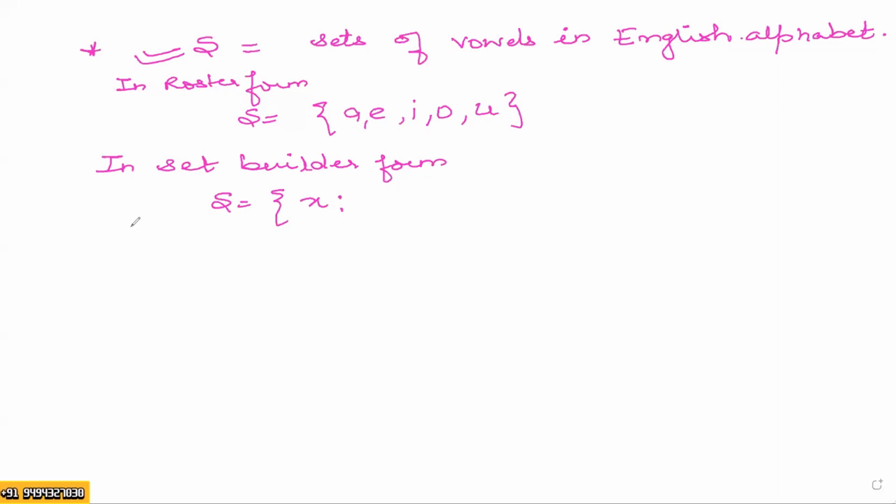Till here, all the things are correct. Now see, x such that, now here we have to define our x. So x is a vowel in the English alphabet. Clear, beta? Yes, ma'am. So x is a vowel in the English alphabet.